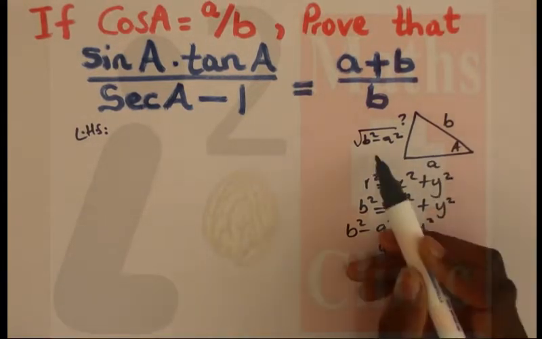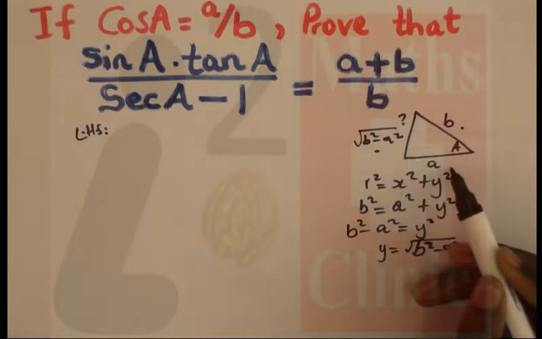Fine. So now we have the opposite side, the hypotenuse side, and the adjacent side.